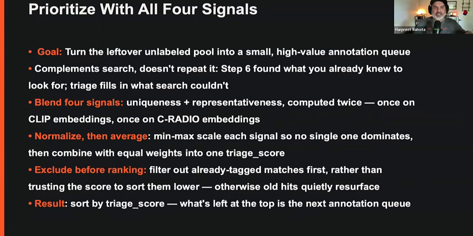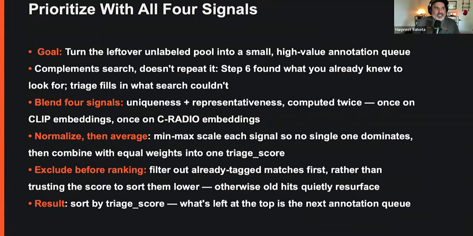What I'm trying to do is go from this large unlabeled pool to a small, high-value set of images that I should annotate. Like I mentioned before, search only finds what we already knew to look for, but this is different. We're going to fill in what search couldn't by blending signals across the rest of the pool into one score.